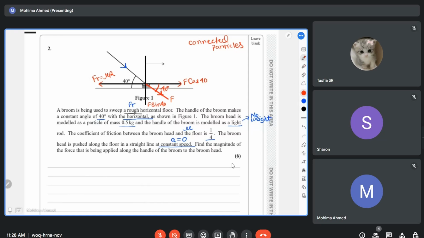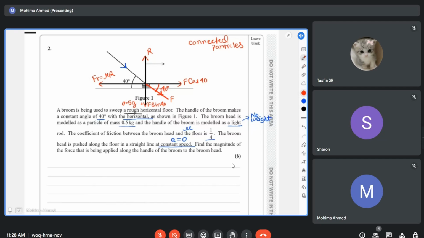So I'll just erase this. I just write plus 0.5 g. And obviously at top you have reaction force. So now they want you to find out the value of that F which was applied on this broom head.